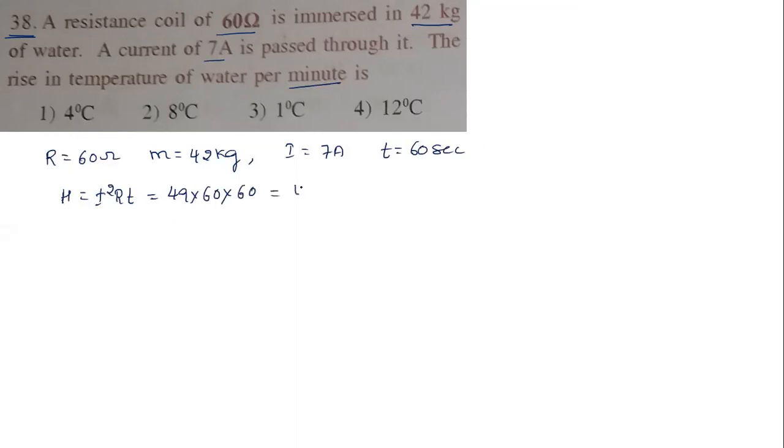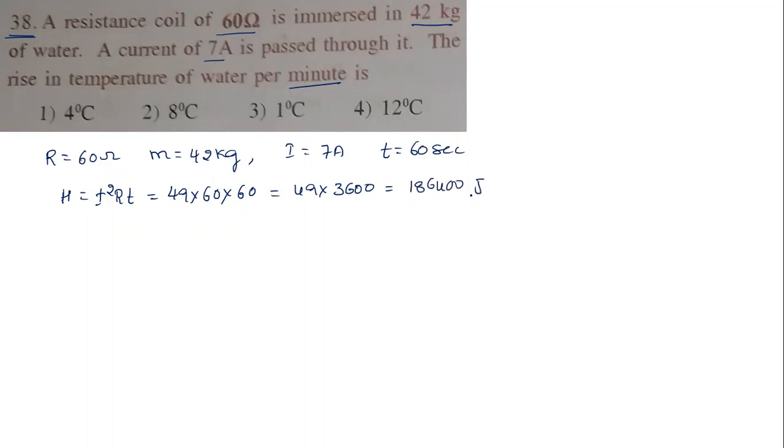So 49 into 60 into 60, which is 3600. 49 into 3600 is 176400 joule. This much heat energy is generated.